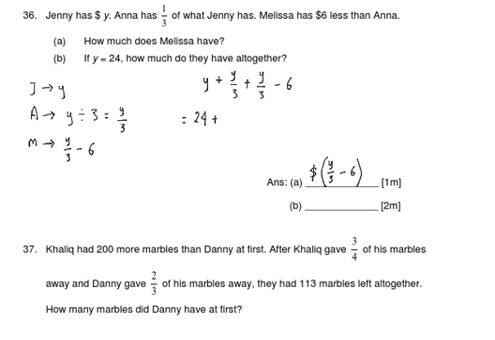Plus 8, minus 6. Okay, so 24 plus 16 equals how much? 24 plus 16. 40, right? 40 minus 6? 34. So they have $34 altogether.